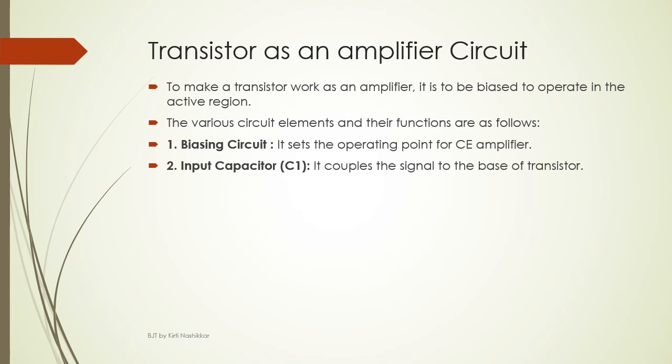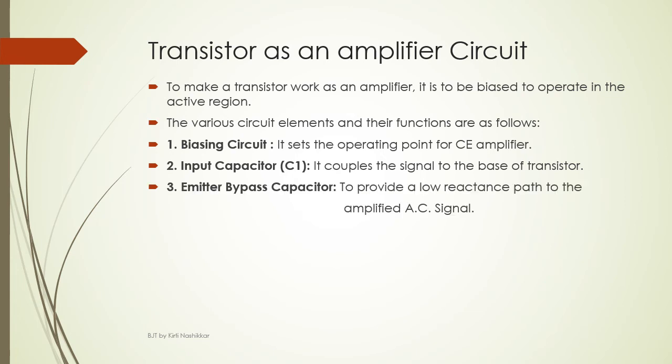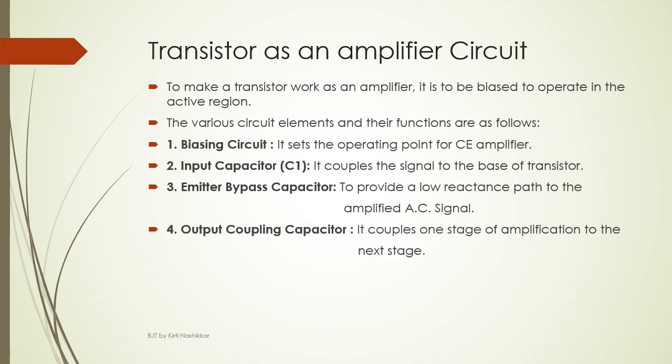Second is the input capacitor C1, which couples the signal to the base of the transistor. Third is the emitter bypass capacitor. As the name suggests, it provides a low reactance path to the amplified AC signal. And last one is the coupling capacitor. It couples one stage of amplification to another stage.